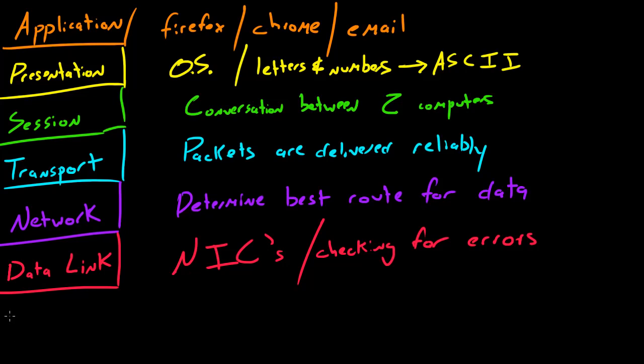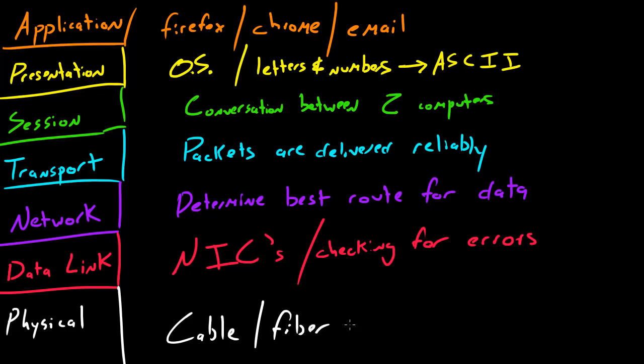And the last one I want to talk about is physical. Now, this is probably the easiest one to explain and understand. This is just physical medium like cable or fiber optics, or basically any medium. This is also like radio waves and Wi-Fi and stuff, but it's easier to remember physical if you just think of cable, like copper cable and fiber optic cable right now.